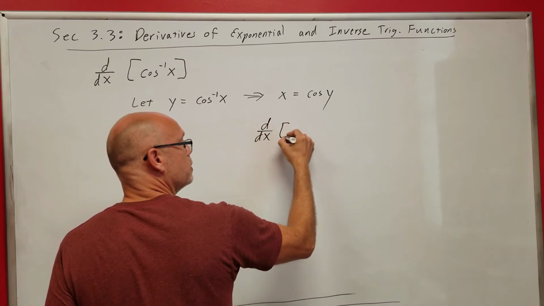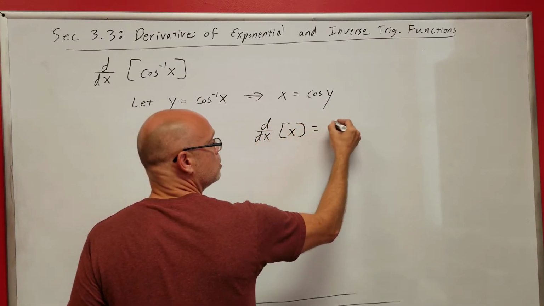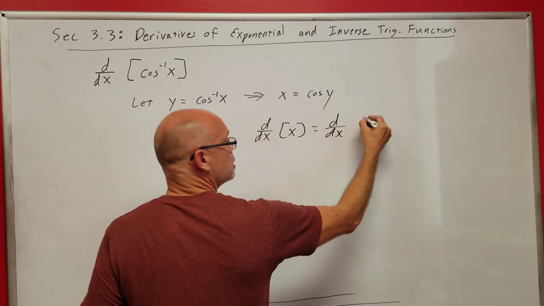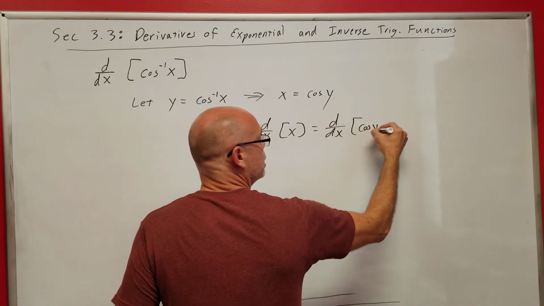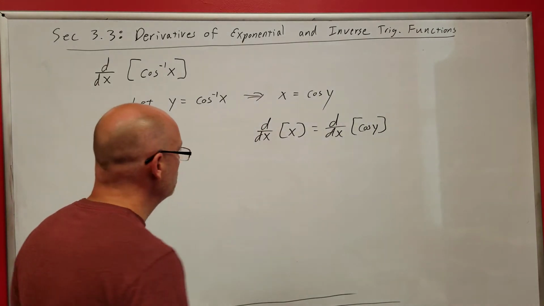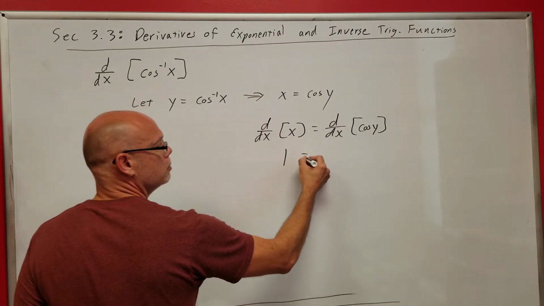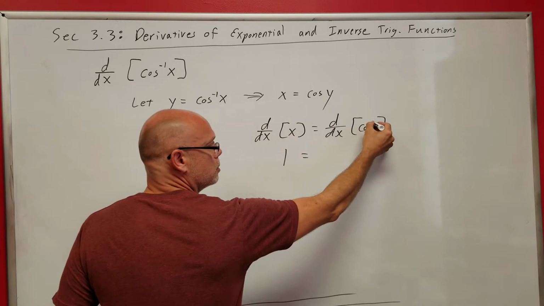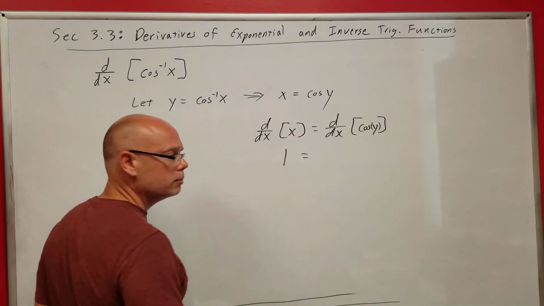The derivative with respect to x of x is equal to the derivative with respect to x of cosine of y. On this side I get 1. This side I'm going to have to use what? The chain rule, right?